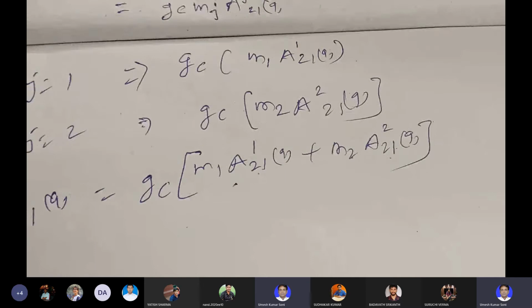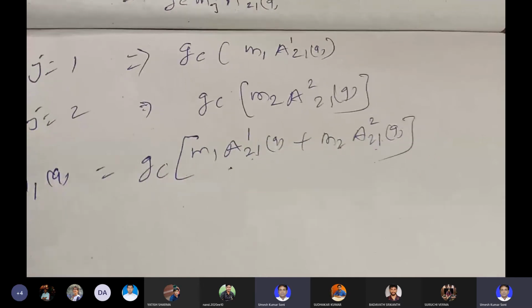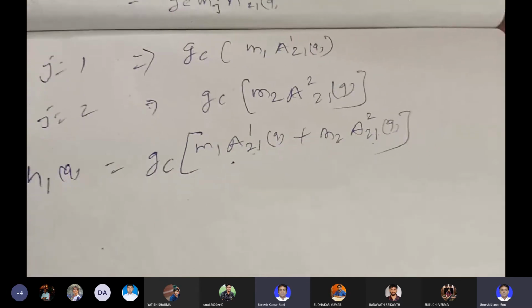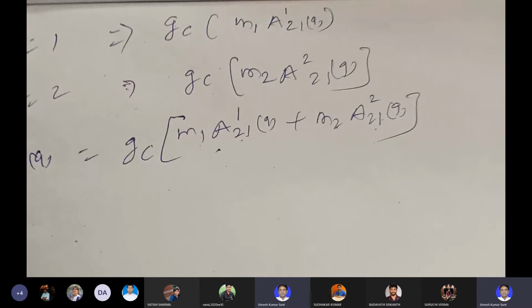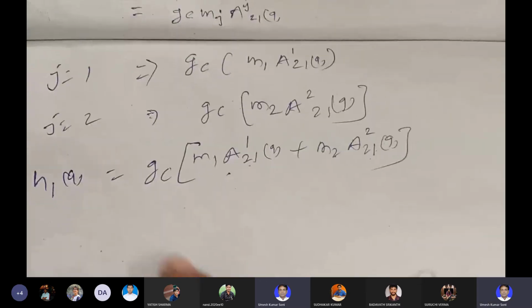So from here you calculate the A1 and 2, A21, which is this element.